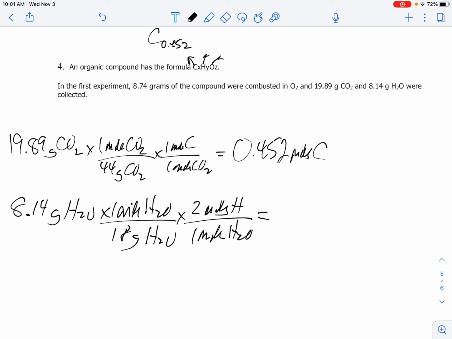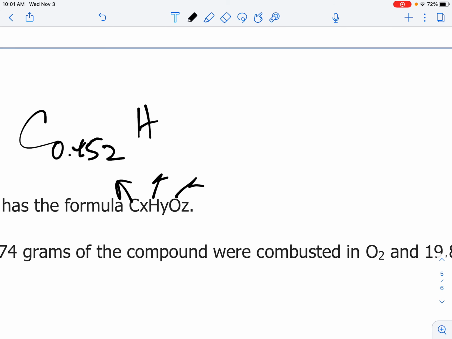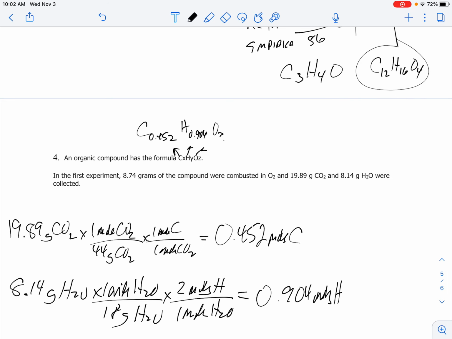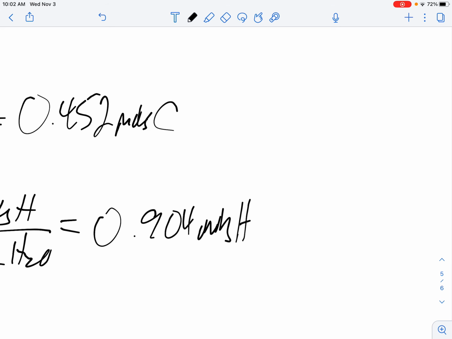So that's 8.14 divided by 18 twice. Gets me 0.904 moles of hydrogen. So I can come right up here and say that hydrogen is 0.904. And now the only thing I'm missing is the oxygen. The oxygen is going to come by subtracting out the carbon and the hydrogen.